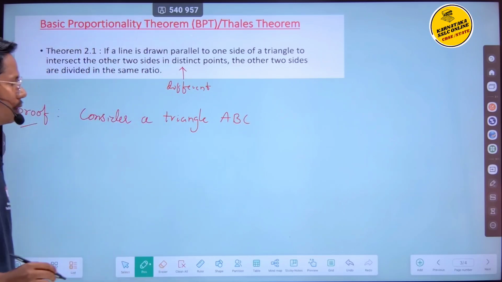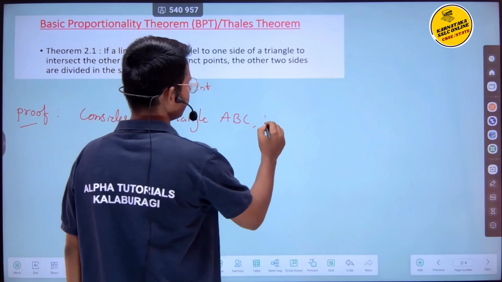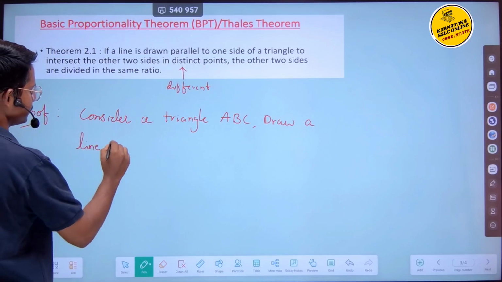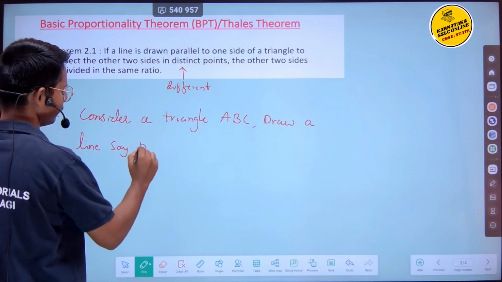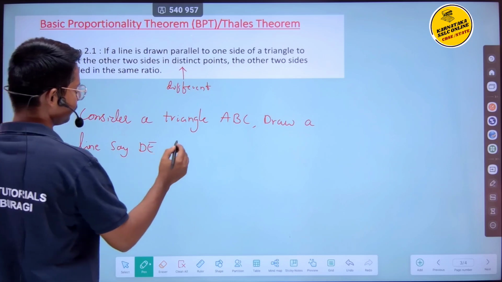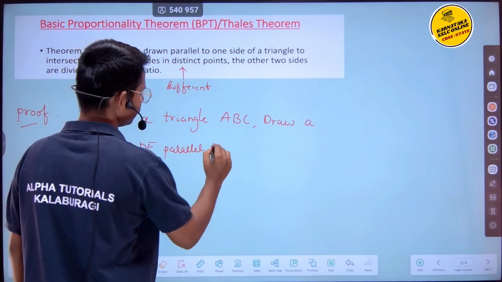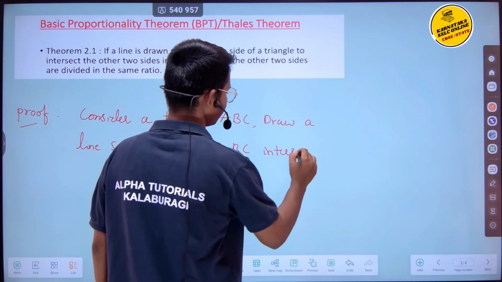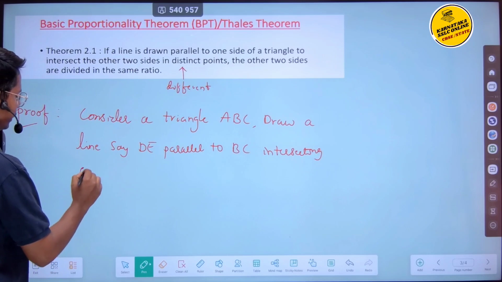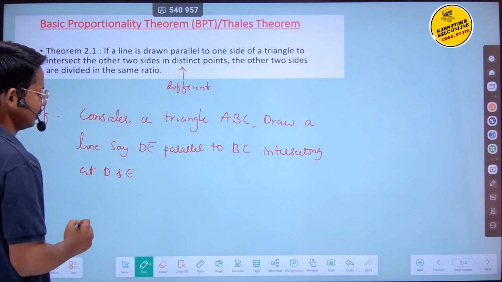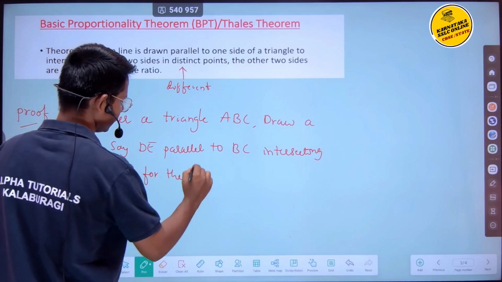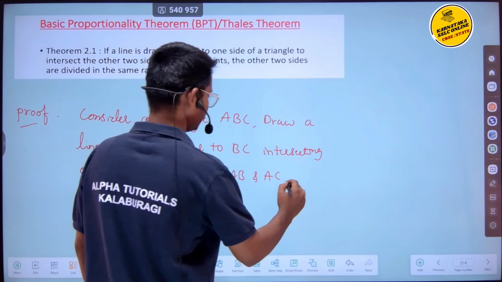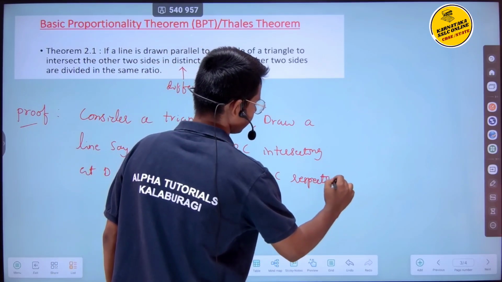Draw a line DE parallel to BC, intersecting the lines AB and AC at D and E respectively.